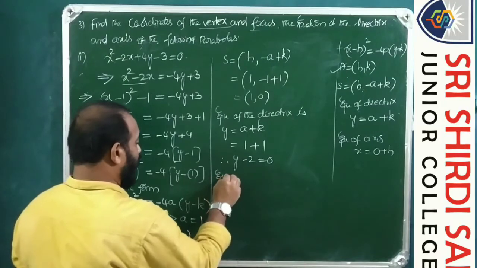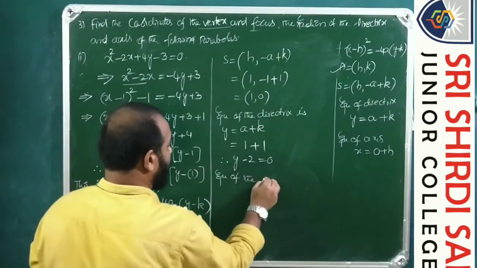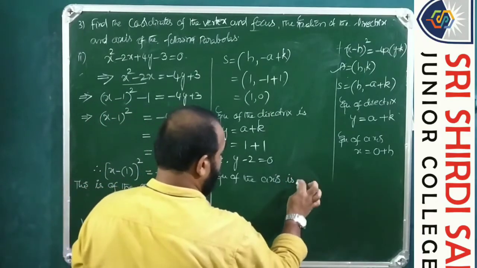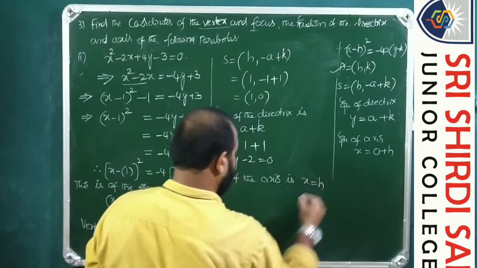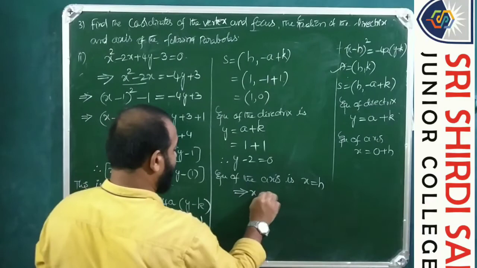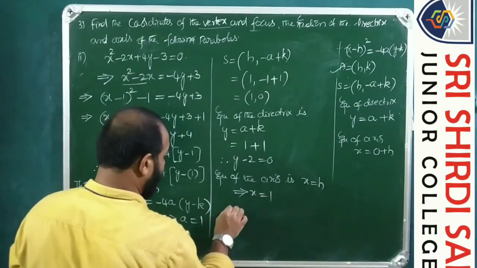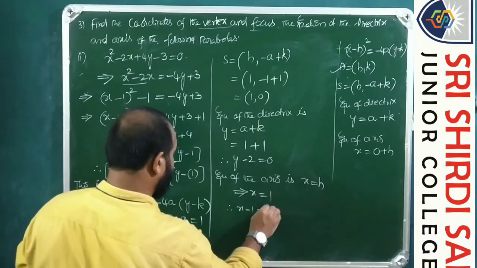And the equation of the axis is x equals h, so x equals 1. Therefore it is x minus 1 equals 0.